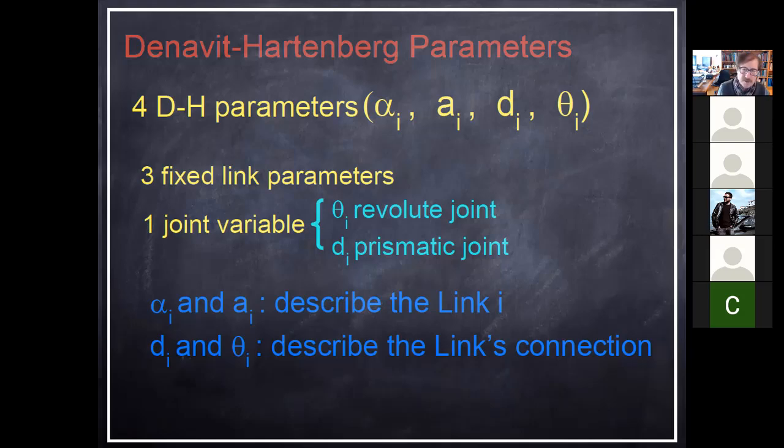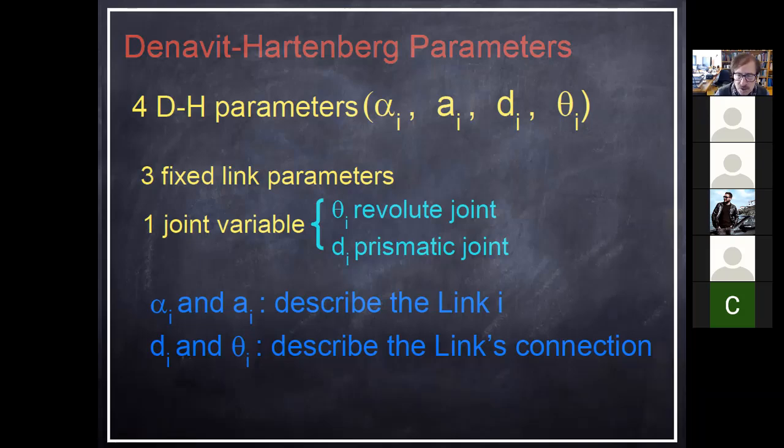We needed to have at least 3 angular parameters and 3 displacement parameters. But because of the conventions we follow, and thanks to the work of Denavit-Hartenberg, the number of parameters is decreased down to 4, and 3 of them are fixed. For each link, only one of these parameters is varying.